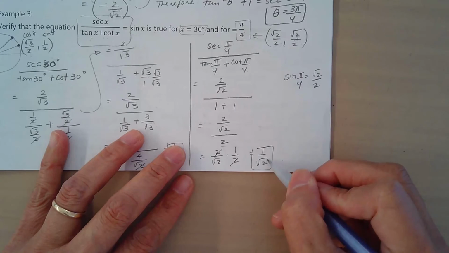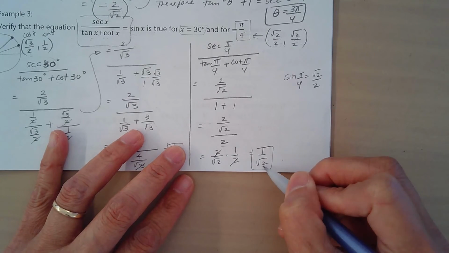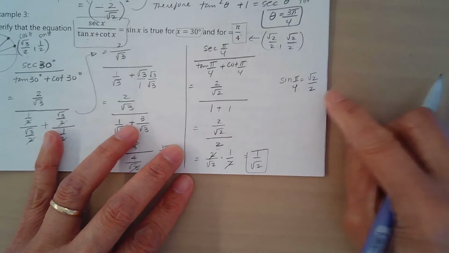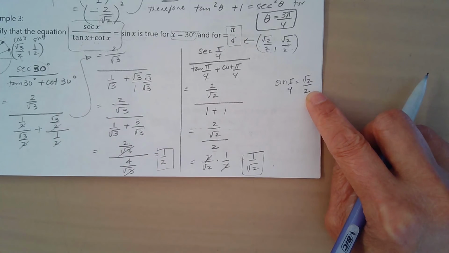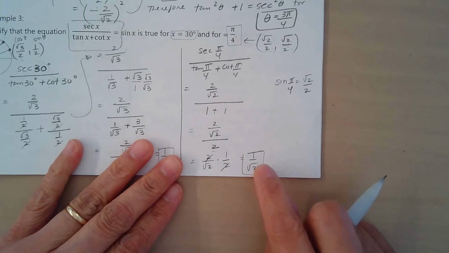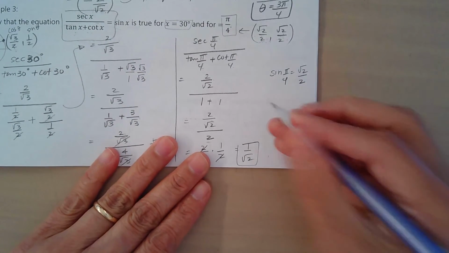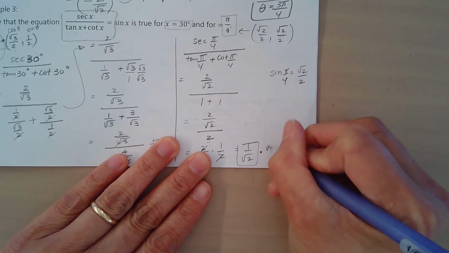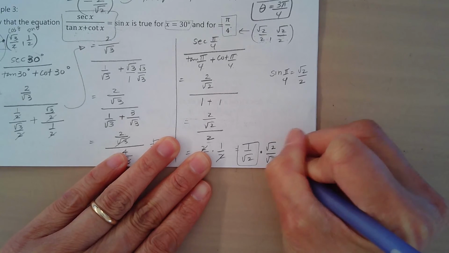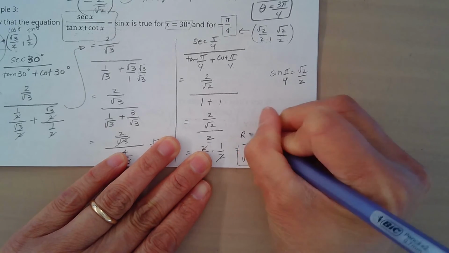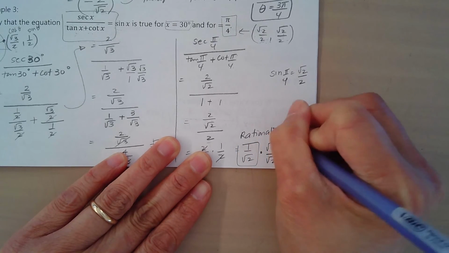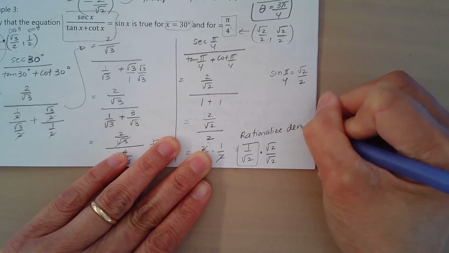The denominator of this is an irrational number, and the denominator of this one is a rational number. So how can we take the root of 2 out of the denominator? We can say, okay, I can rationalize the denominator. I'll write that down.